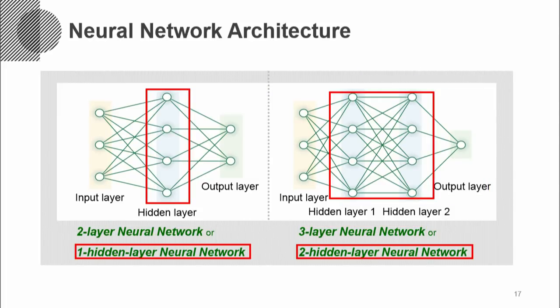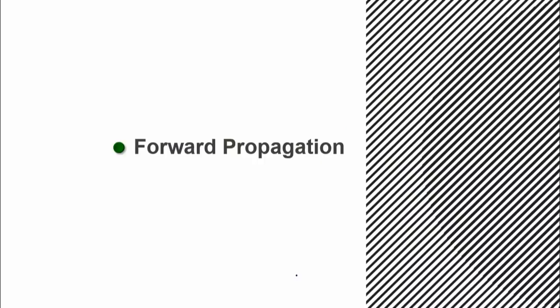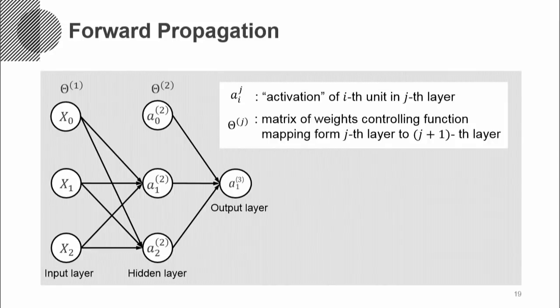And also alternatively, it is called a one hidden layer network or two hidden layer network. And let's understand how this neural net works. So the first thing that we have to understand is forward propagation.